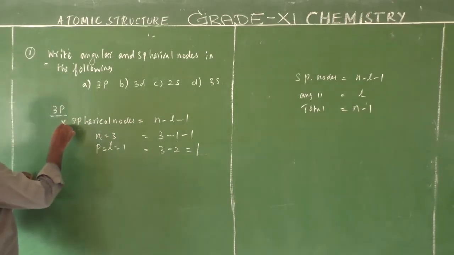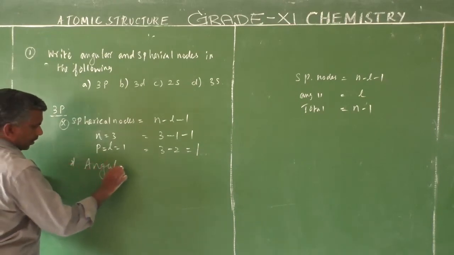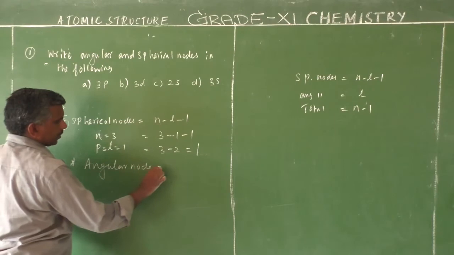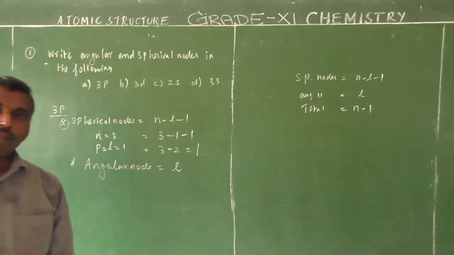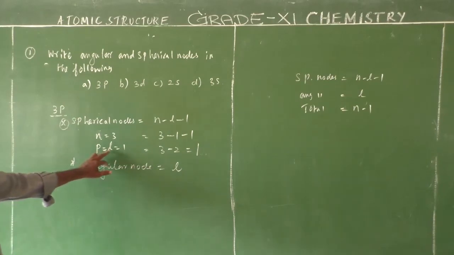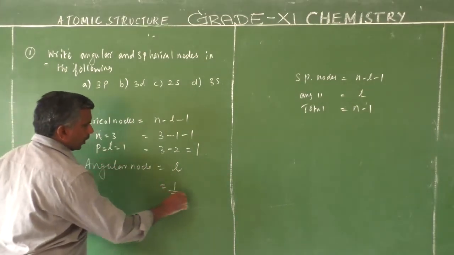Now, angular nodes. The number of angular nodes is equal to the azimuthal quantum number. For the p orbital that is 1, so the angular node is equal to 1.